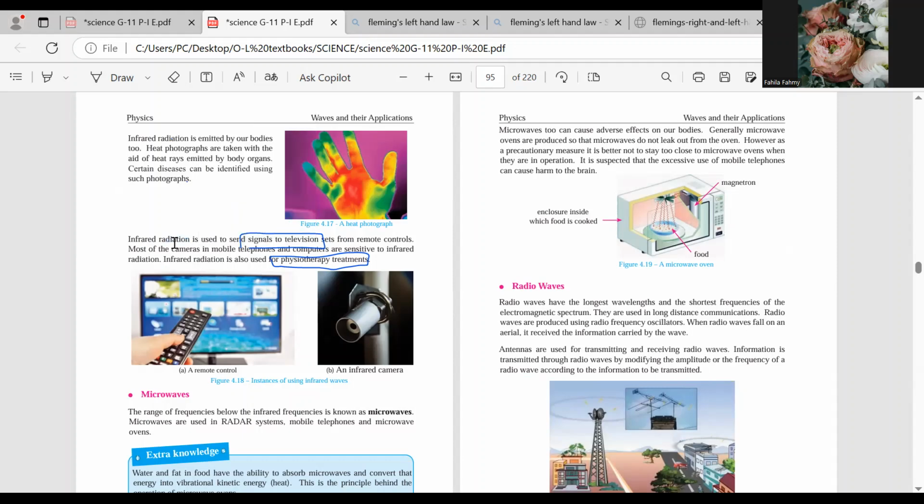Does that make sense? When the waves are going through that part of the body for about 10 or 15 minutes, it's causing some changes in the muscles where the pain is taking place, right? So therefore the pain in that area will be relieved. Does this make sense?